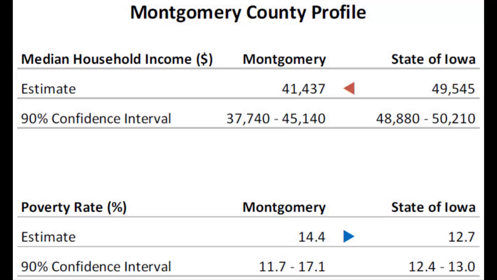Montgomery County profile: the median household income estimate for Montgomery is just a little bit less than the state of Iowa, and the poverty rate is just a little bit higher than the state of Iowa.